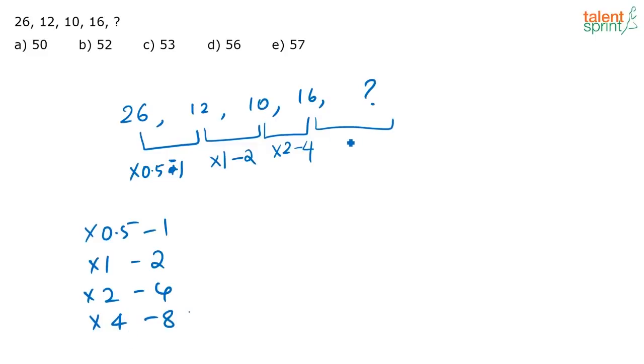So here it is going to be into 4 minus 8. So that is 16 into 4, 64 minus 8, that is 56. So the required number here is option D, that is 56. Okay, I hope it is clear. See, these are, as I said, a bit complex patterns, but again, if you practice by looking at the pattern, you might be able to identify it faster.